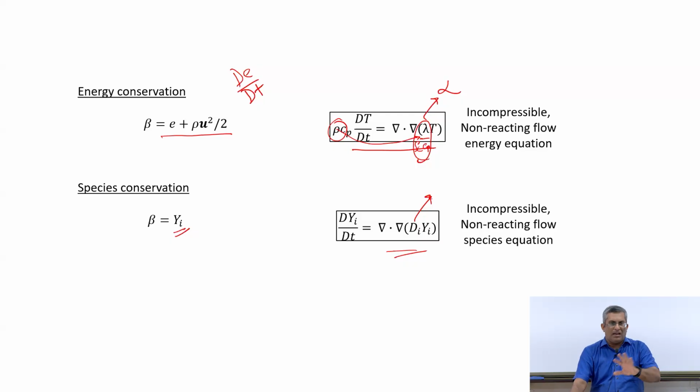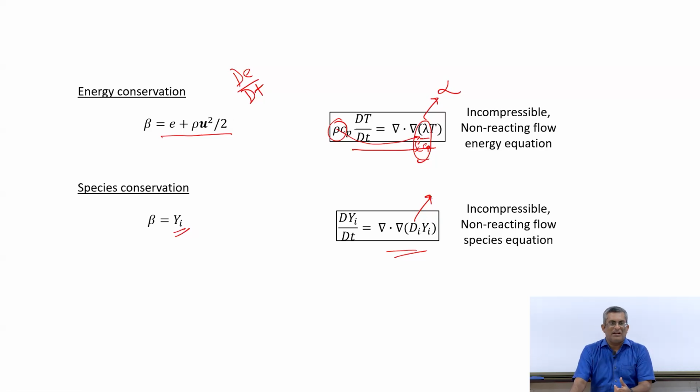However, you will have additional terms if you consider compressible flow and/or reacting flows, for example, combustion. So you see how the Reynolds transport theorem is used to derive the governing equations for the fluid phase without particles.